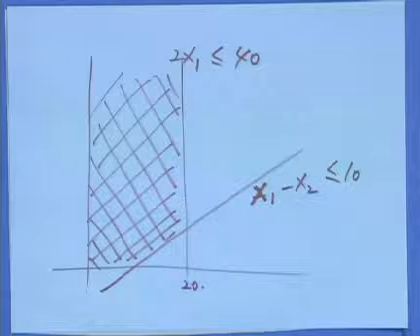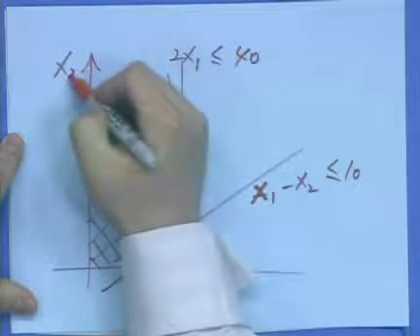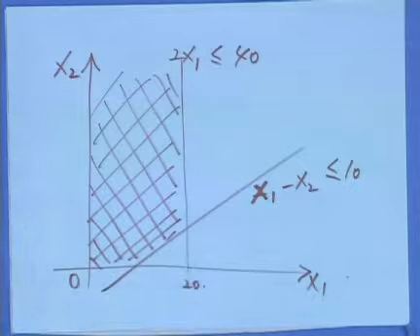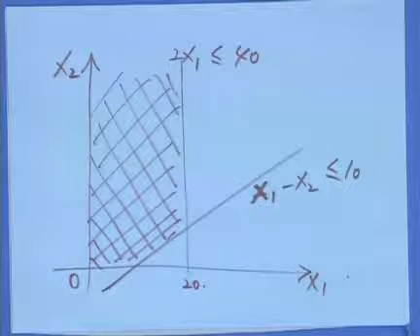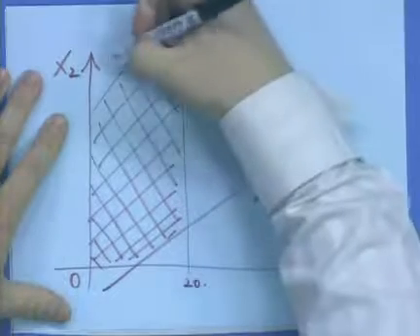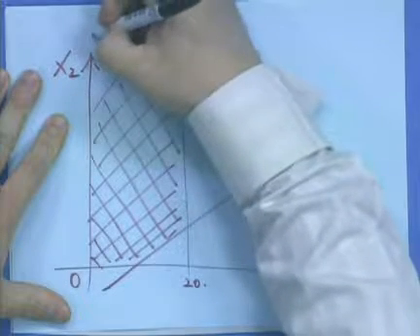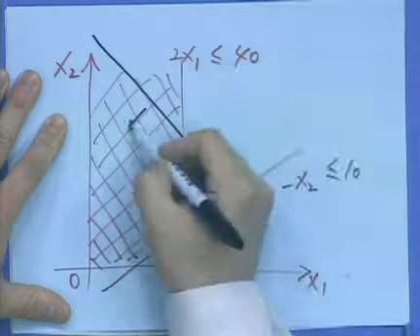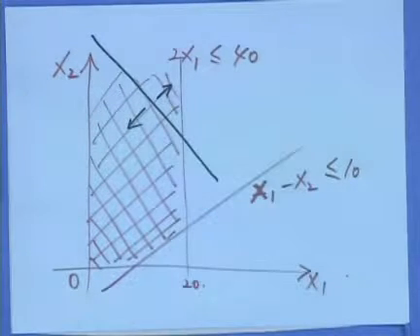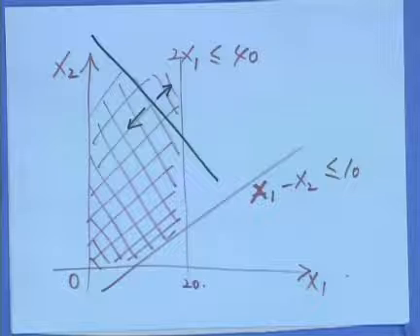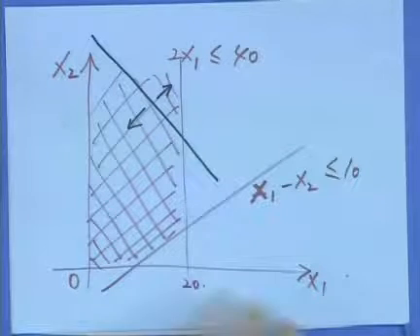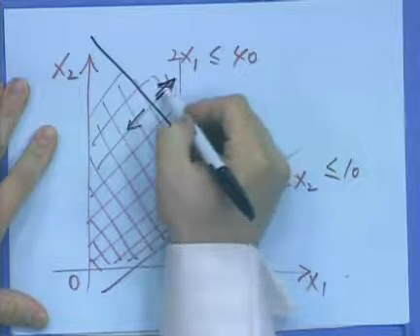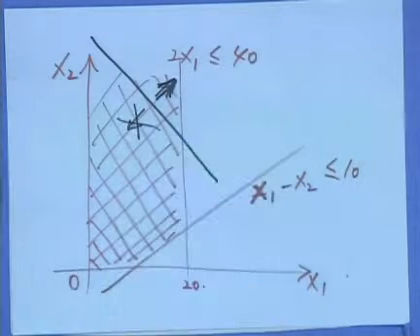With x2, x1, and 0 as axes, the iso-value line would be something like this. So you can move in either direction. But the objective function is maximize, which means we need to move the iso-value line in this direction, not this way, right?